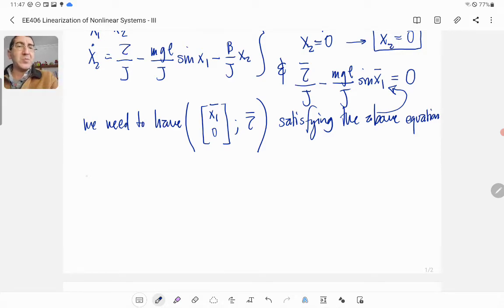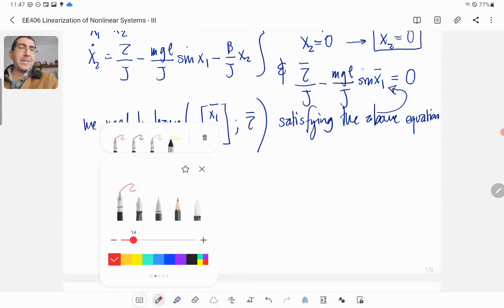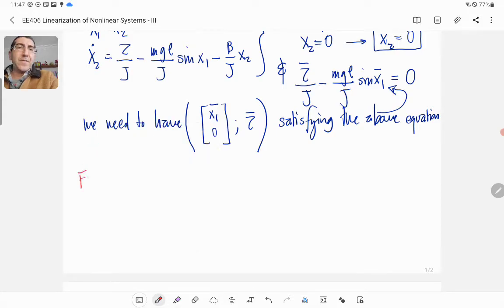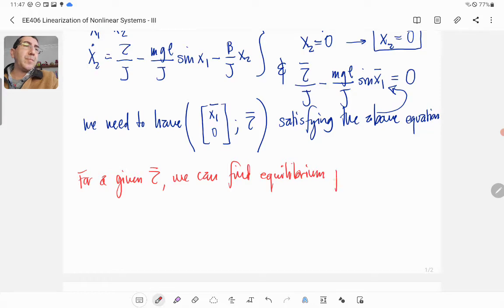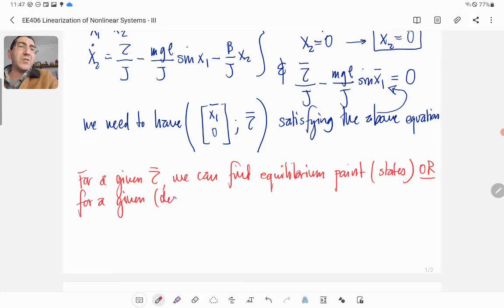Okay, so let me express it this way for reference. For a given tau bar, we can find equilibrium points, by which I mean equilibrium states, or for a given or desired, by the way, both of them can be interpreted as desired.